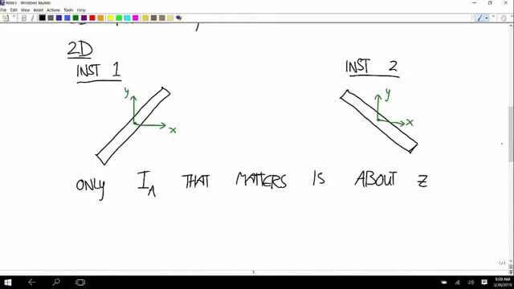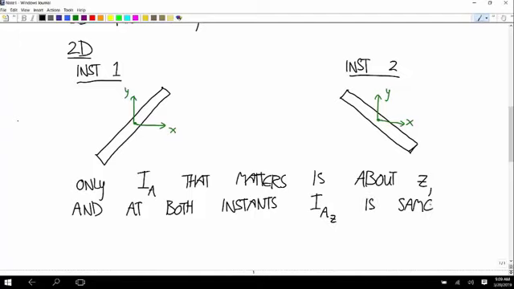Rotating it doesn't change the mass moment of inertia. At both instants, IA about z is the same. So IA is constant in time.